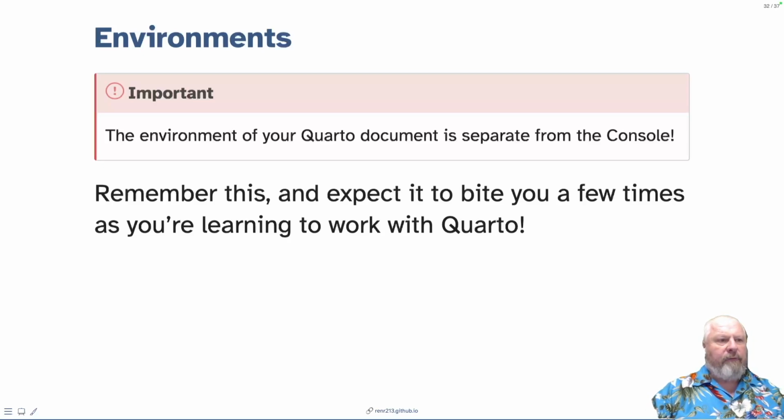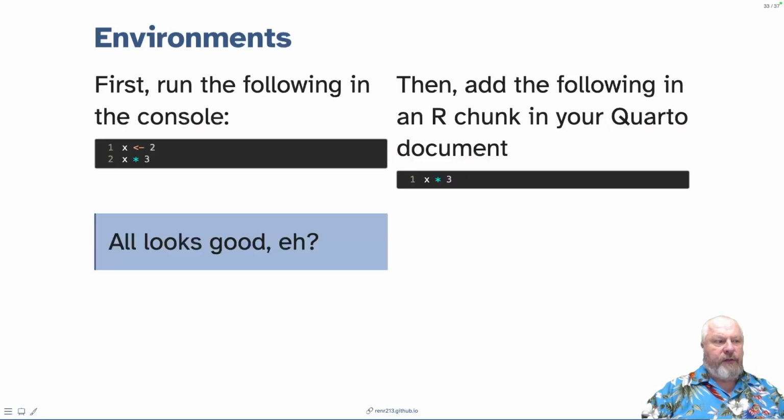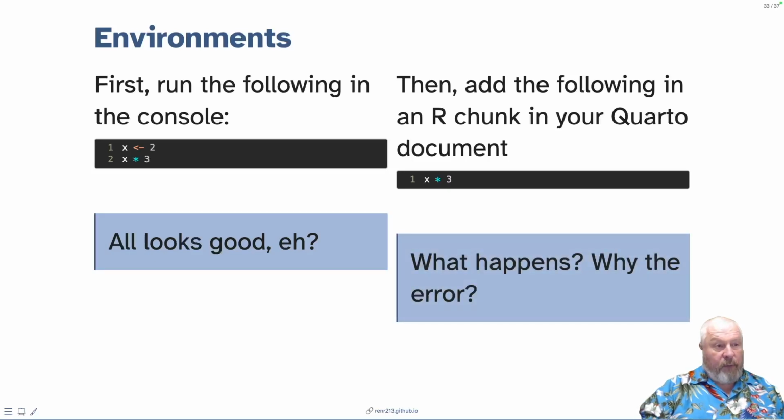And that would be quite confusing for your first few times if you're expecting to see values showing up in the console. So this is just a demonstration of that. What happens? Well, we don't get any value for x when we run it in the Quarto document because we haven't defined x in the Quarto document, even though we have defined it in the console.